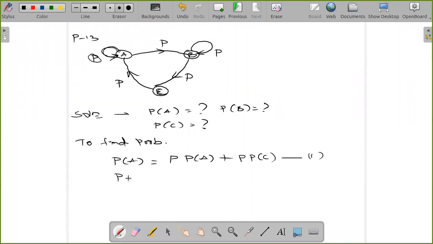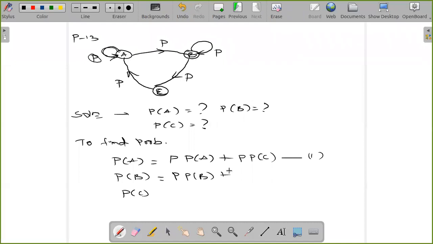Similarly, try to write for all the states, P of B and P of C. Now see, P of B. It remains in the same state with probability P, because it is entering again. So P into P of B, and again which state is entering, either A or B. A is entering into B, but C is leaving.